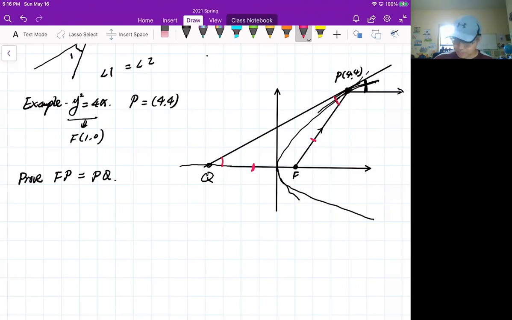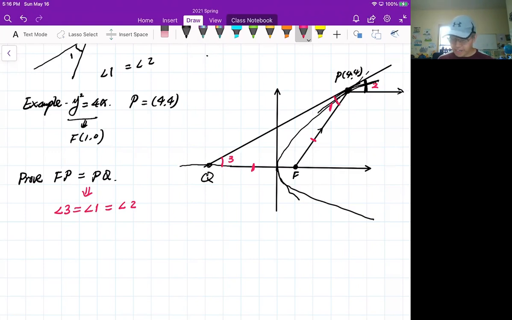Does it make sense? So I'm going to call them angle 1, angle 2, and angle 3. If this is the case, then I have angle 3 equals angle 1. But on the other hand, angle 1 is also equal to angle 2 because this is the reflection property, right? And so that means angle 2 equals angle 3.